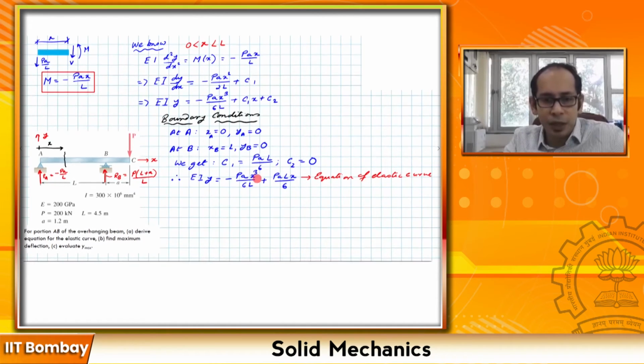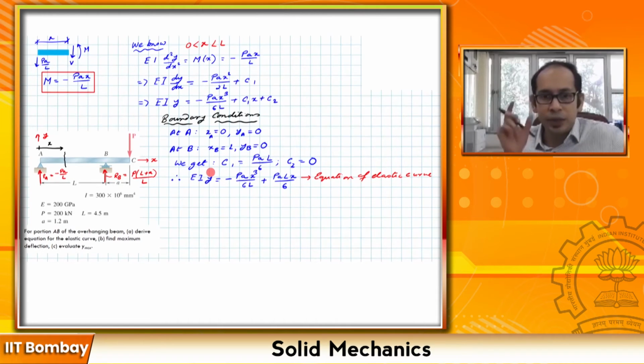So that will give me the location x in the beam where I can expect my deflection y in the region AB to be the maximum. So let's go ahead and take the derivative and equate it to 0, and let's see what is the point where in the region AB I have the maximum amount of deflection.